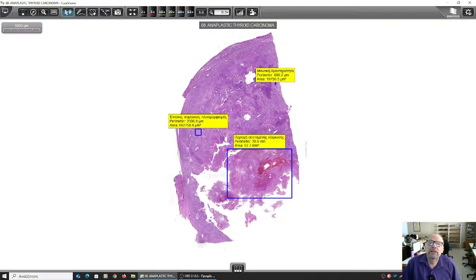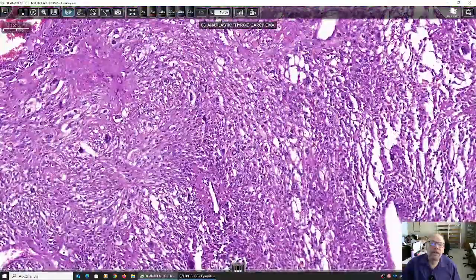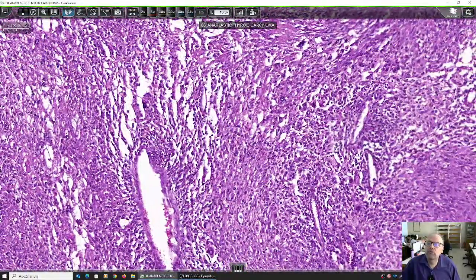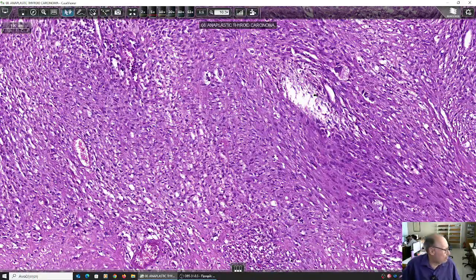Why do I say that? I say it because in some areas, you see the cells are somehow spindle in nature. So how can you be sure that this is a carcinoma? If you see a spindle cell component in a malignant tumor, what might you suspect? Of which tissue might you suspect that it comes from?